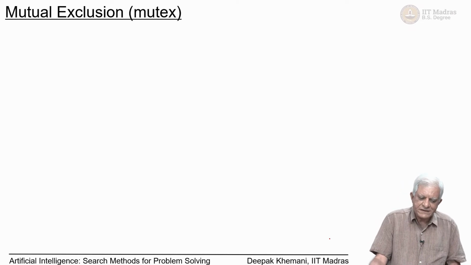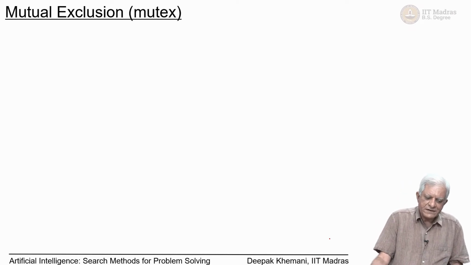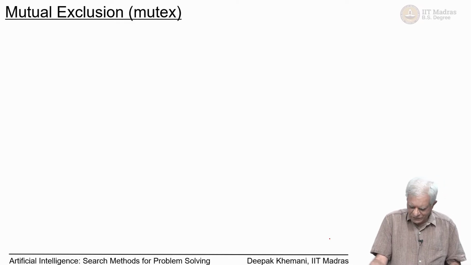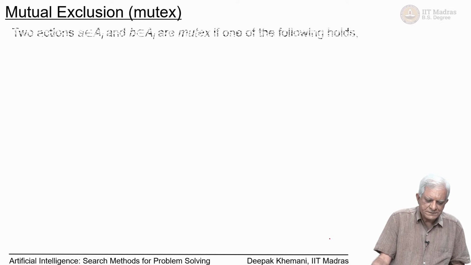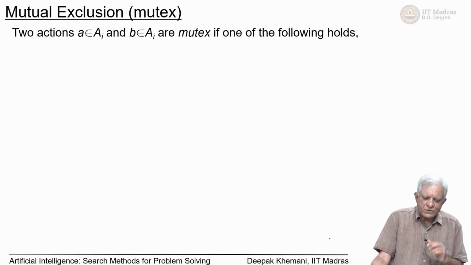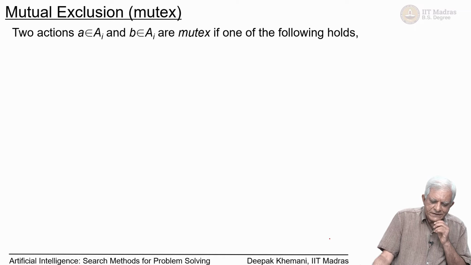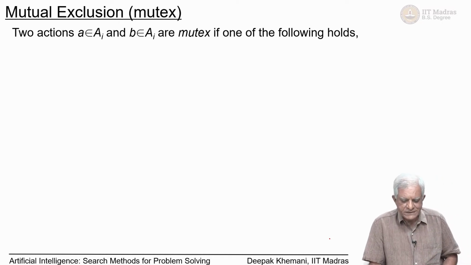But there are other links that we are interested in, called mutual exclusion links, and we use the term mutex for that. Mutex stands for mutual exclusion. Two actions in some layer, let us say the ith layer, and the actions are A and B, are said to be mutex if one of the following conditions holds.